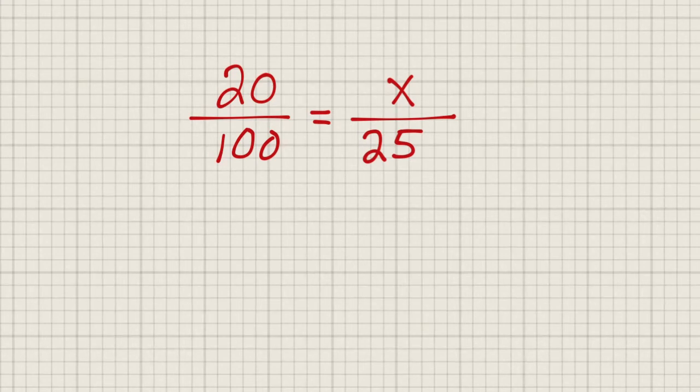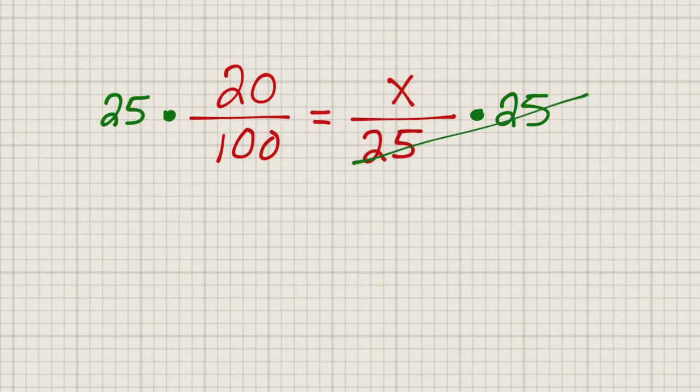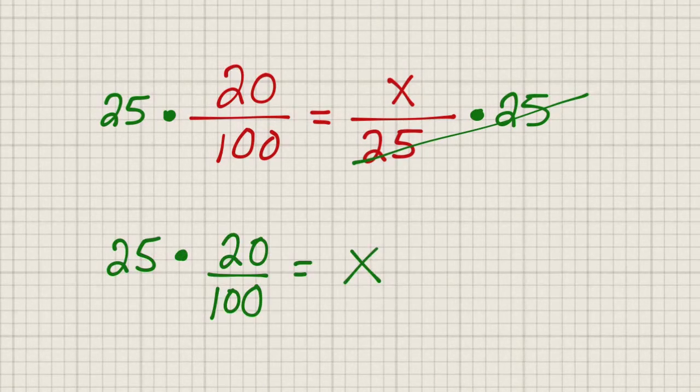Okay, so I'm just going to do that. If I multiply by 25 over here, and I multiply by 25 over here, the 25s go away on the right, and I'm left with 25 times 20 over 100 equals x. Now, Liam just pointed out something that maybe he didn't even realize was going to be very useful here.